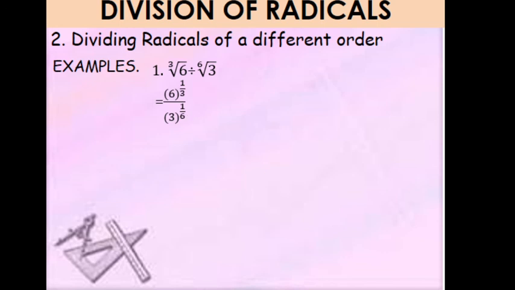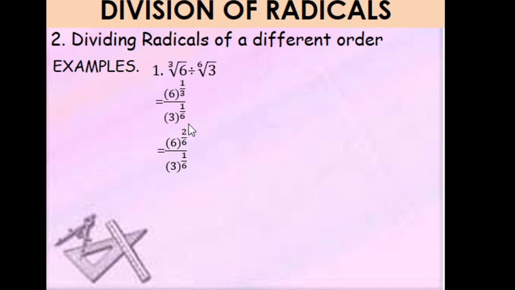So kapag magdi-divide tayo ng number or ng base na may exponent, kailangan po na magkatulad sila ng denominator. So kaya kailangan nating hanapin ang kanyang LCD, which is 6. So ito ay magiging 6 raised to 2 over 6 all over 3 raised to 1 over 6.